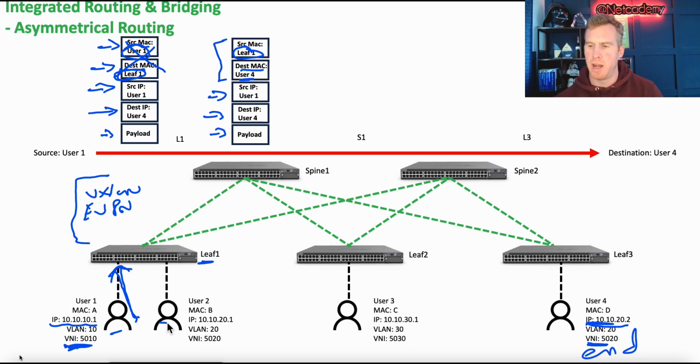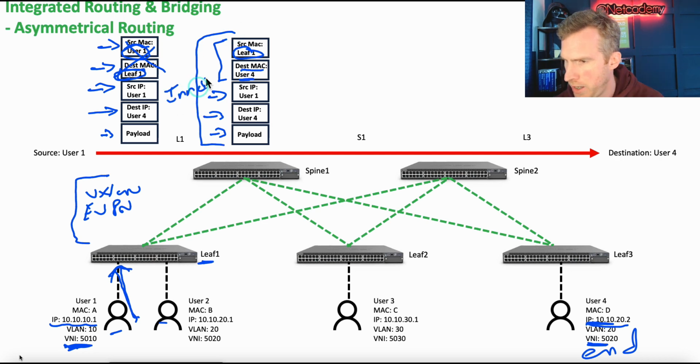And VXLAN requires an outer header: an outer IP address, outer MAC addressing, and an outer VNI header, the shim header. And so all of this is actually what's called the inner header. So all of this is actually inside the VXLAN overhead. You'll see what that will be in just a second.